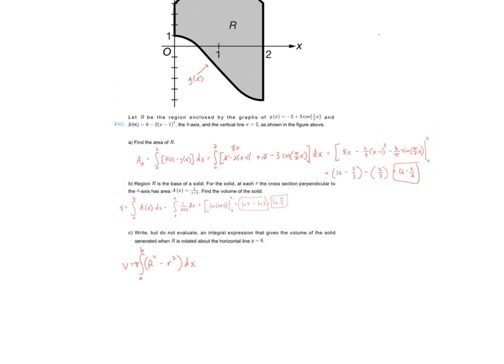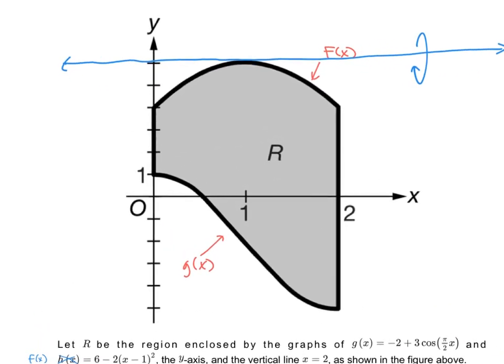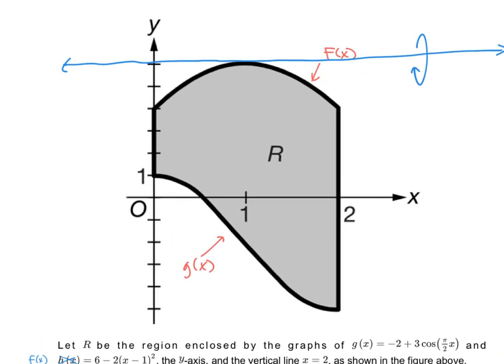Okay, so now the outer radius. Let's pick this point here on g of x. If we rotate this region, this line would represent the outer radius when this gets rotated.